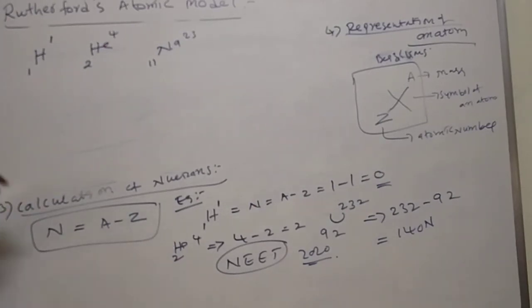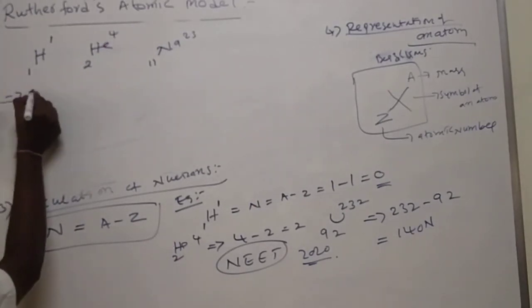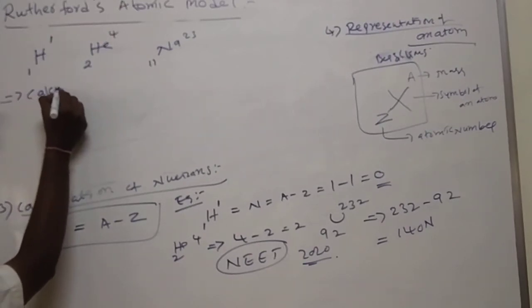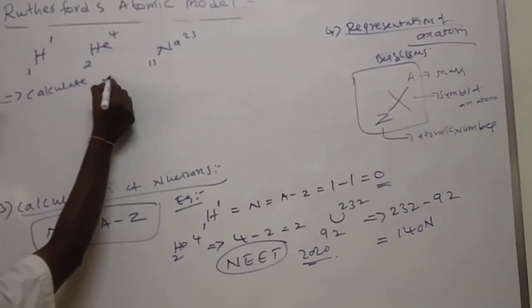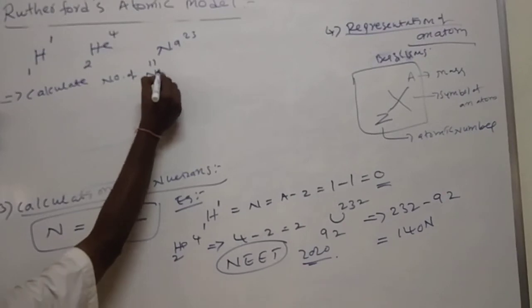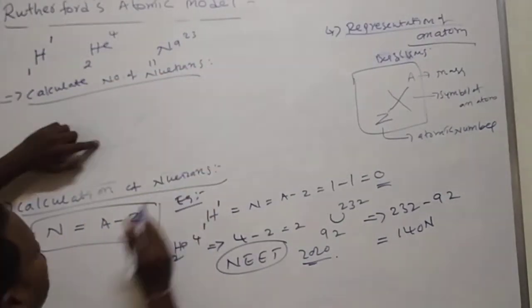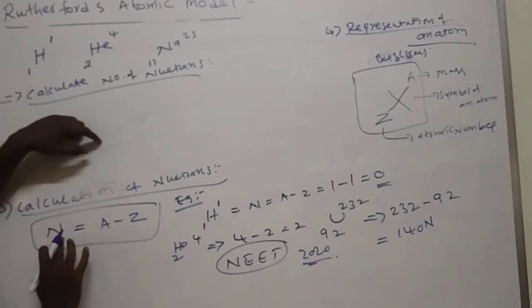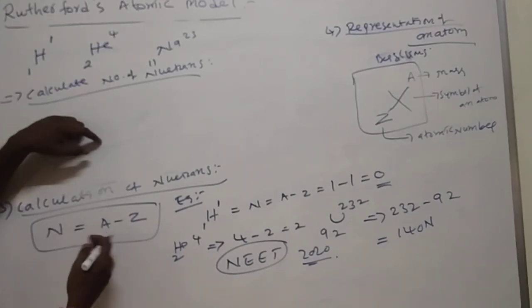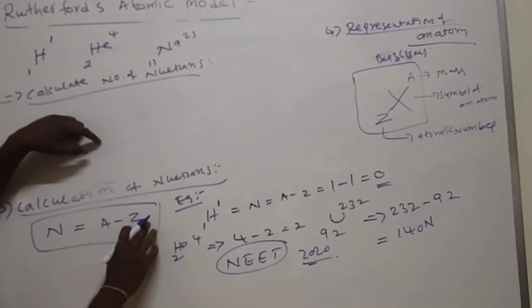Now calculate the number of neutrons. How do you calculate the number of neutrons? By using this principle: N is equal to A minus Z, where A means mass and Z means atomic number.